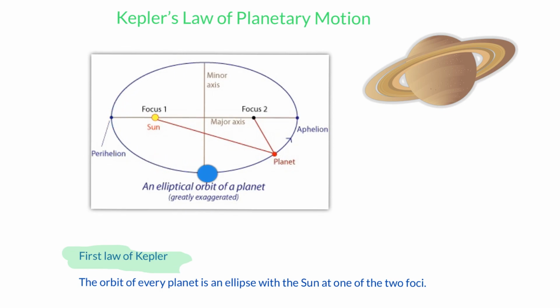So this is called the first law of planetary motion, that planets revolve around the sun in an elliptic path.